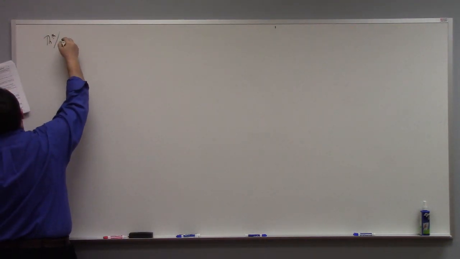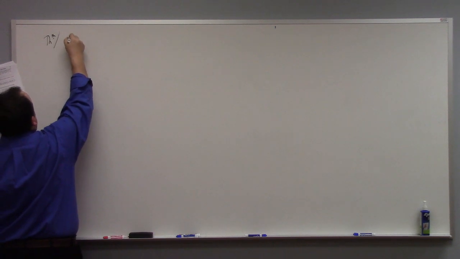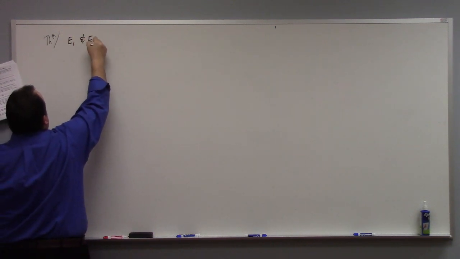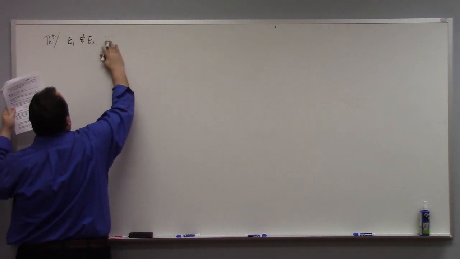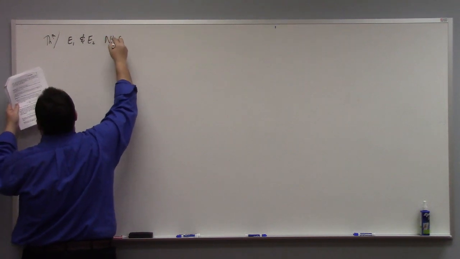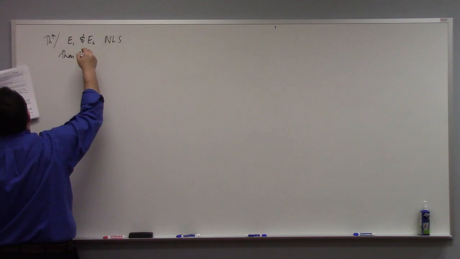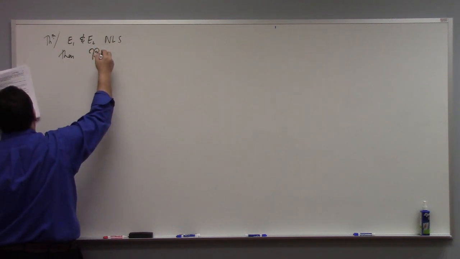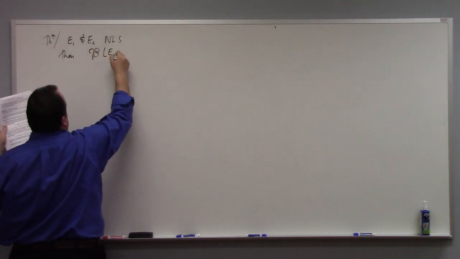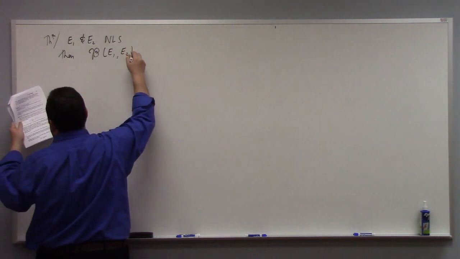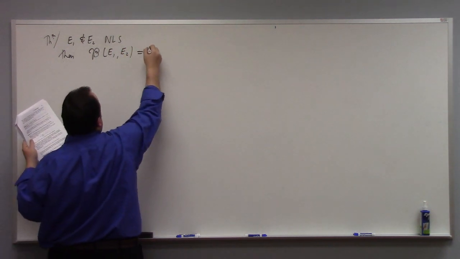Theorem. If you've got E1 and E2 normed linear spaces, then we can let B of E1 to E2 be, what is that going to be?